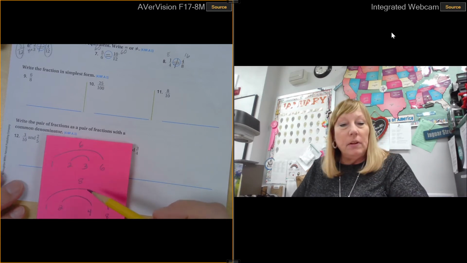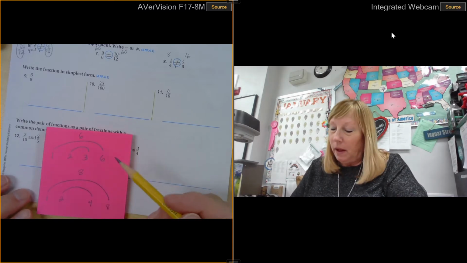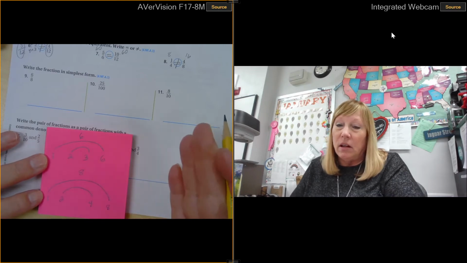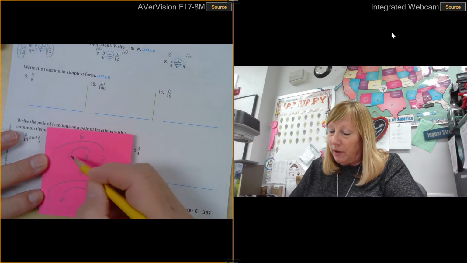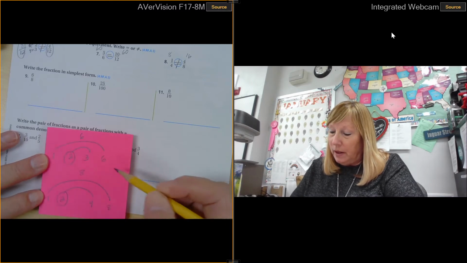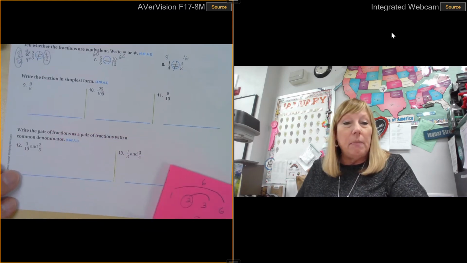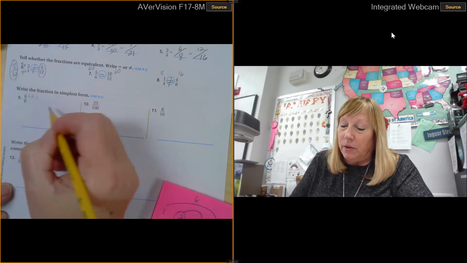So now I'm looking for a common factor to divide by. I can divide by 1, but that's not going to get us any smaller. The next one that they both have in common is a 2. They don't have 3 in common, and they don't have 6 or 8. So we're going to be dividing by 2. 6 divided by 2 would be 3.